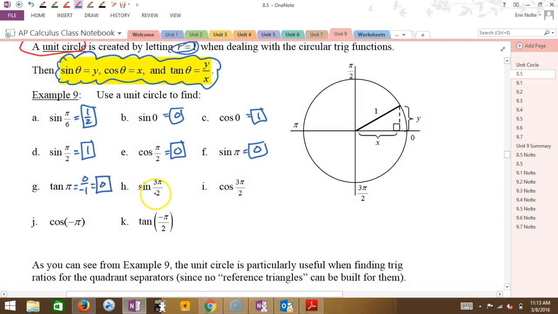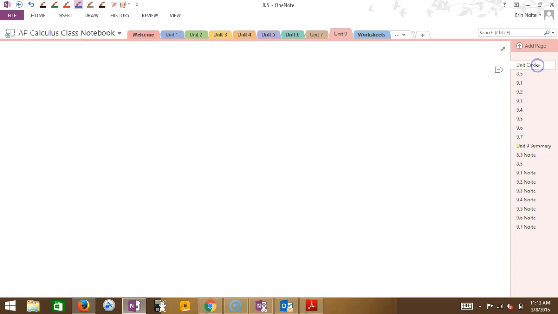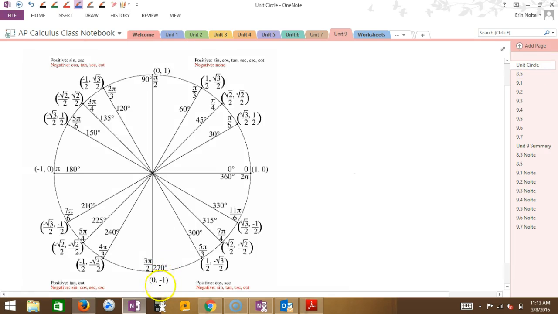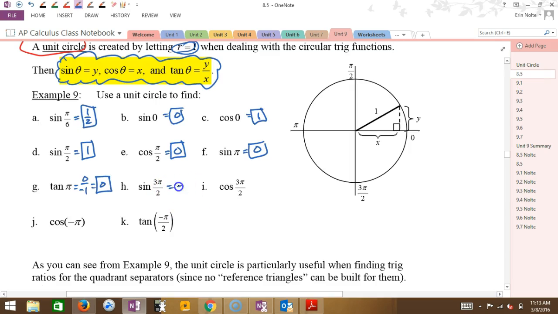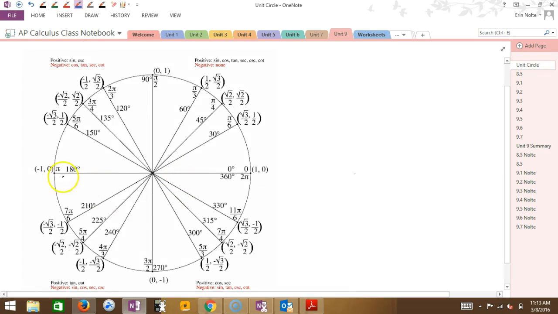At 3π/2, that's going to be straight down. The sine is -1. Cosine was x, that was 0. The cosine at negative π, so negative π would be this way, but it lands at the exact same spot, so cosine being x is -1.